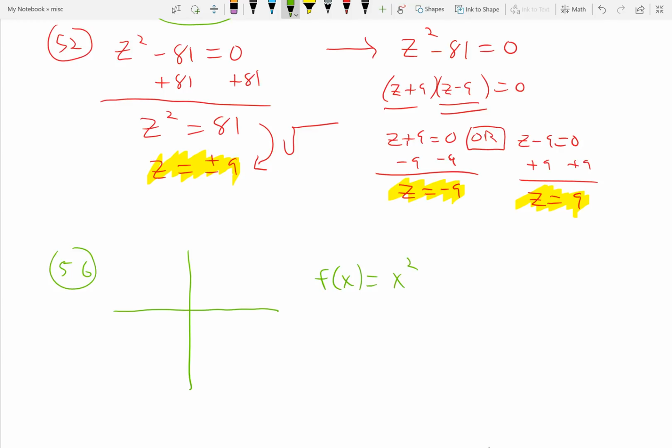Well, this thing is this parabola here, this U-shaped curve called a parabola. A couple of key points: 0 pairs with 0. 1 pairs with 1.